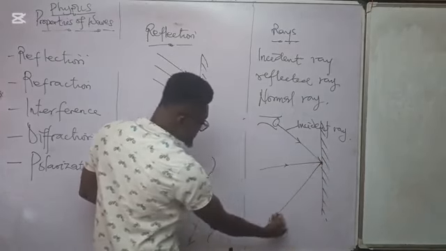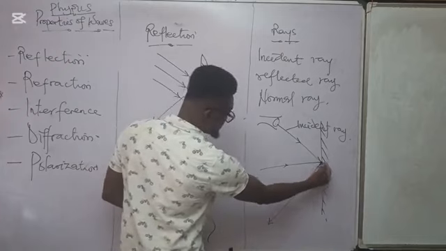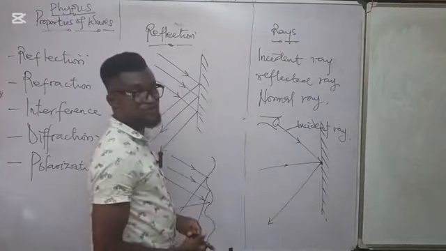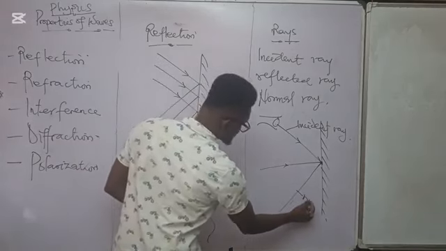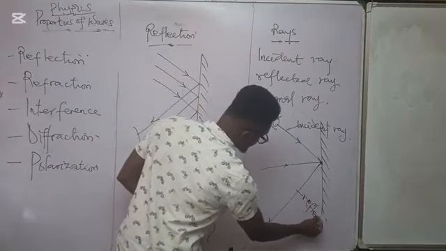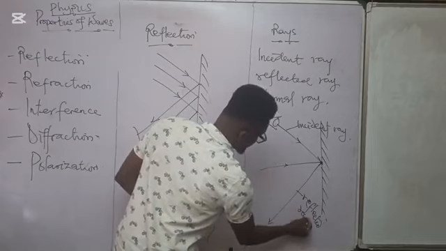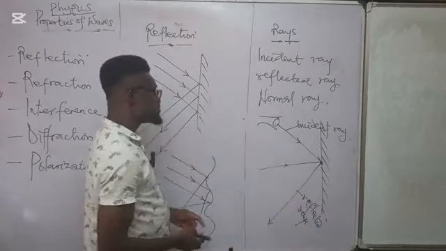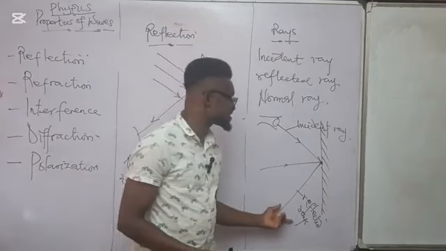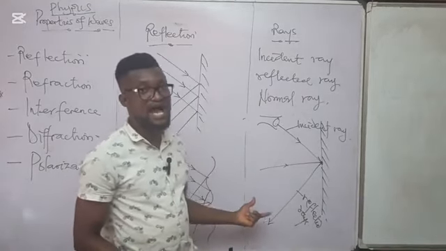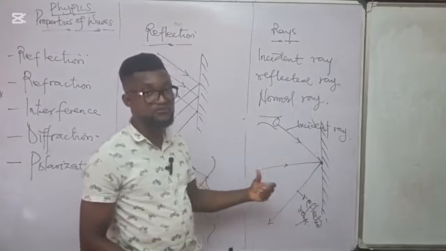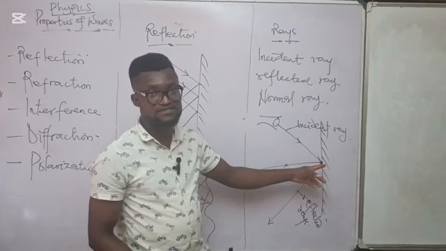The ray that bounced off from the surface is said to be the reflected ray. This reflected ray is a ray that bounces off from the surface.